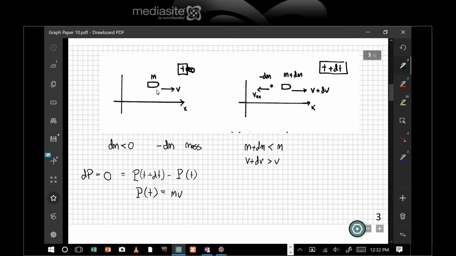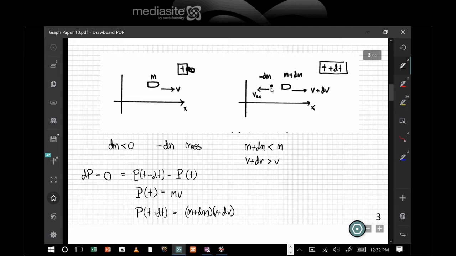The momentum at time t plus dt is going to be equal to the momentum of the rocket, which is m plus dm times v plus dv. Now remember, at the first time I have only one thing in the system.